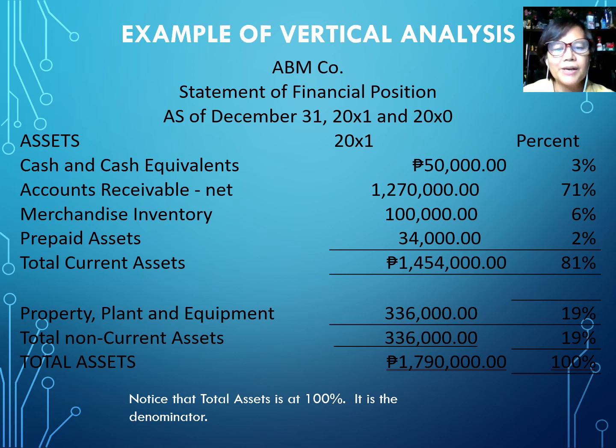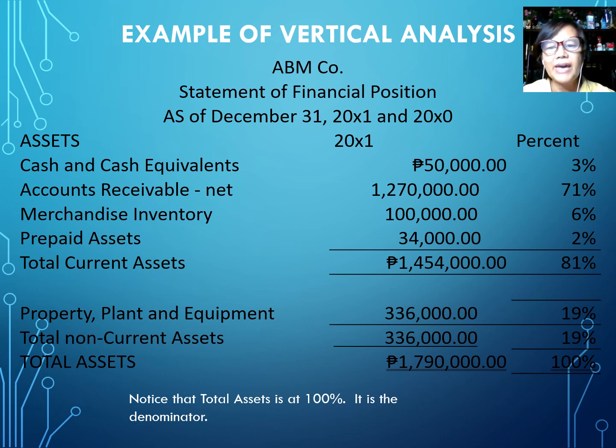Remember that in vertical analysis, the denominator is the total assets as far as statement of financial position is concerned. So therefore, the cash and cash equivalents is 50,000 over 1,790,000, which is equal to 3%.